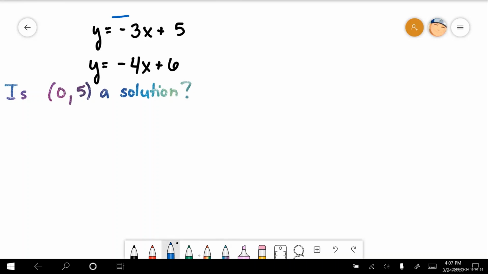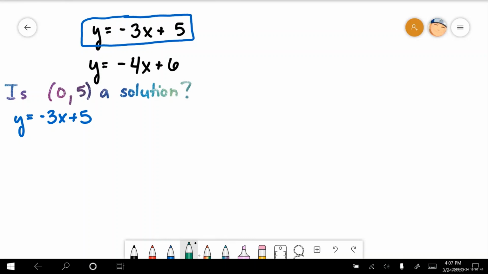Okay, so I'm going to start with this one, and I'm going to use blue. Okay, so y equals negative 3x plus 5. Okay, and then I'm going to use green for the second function, y equals negative 4x plus 6.